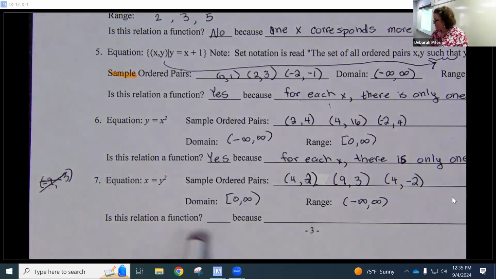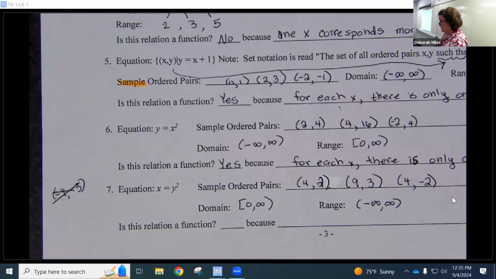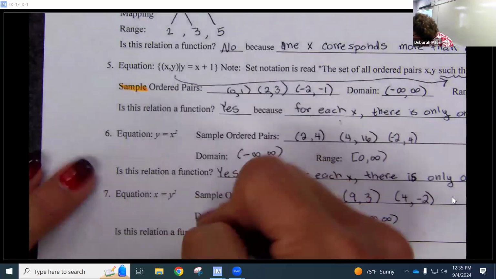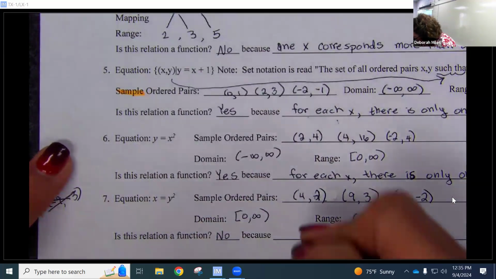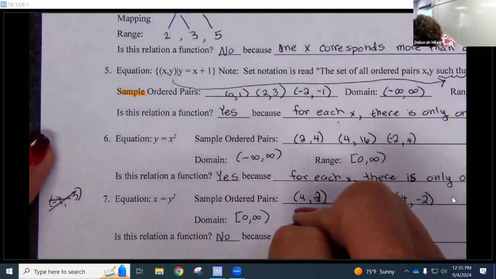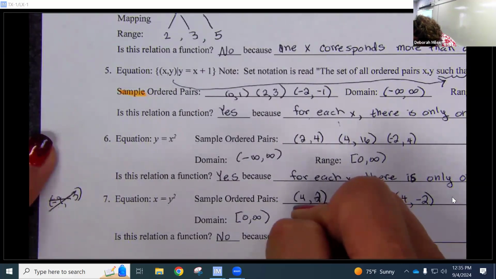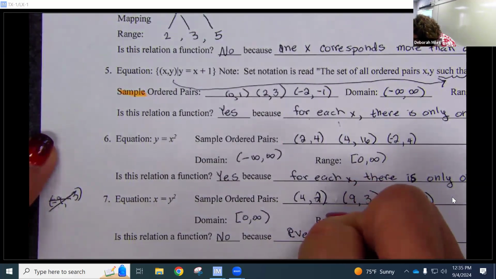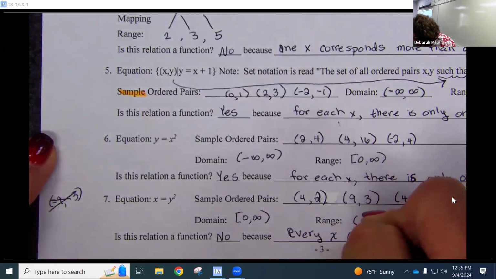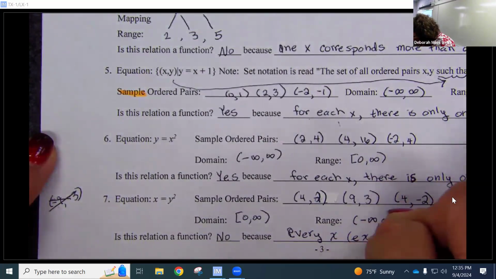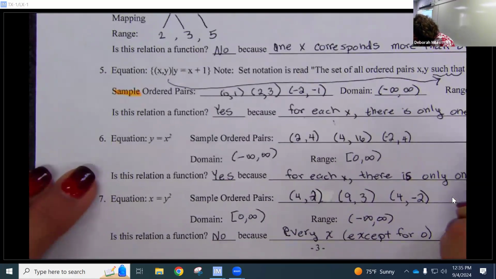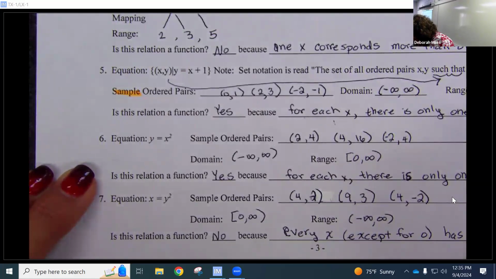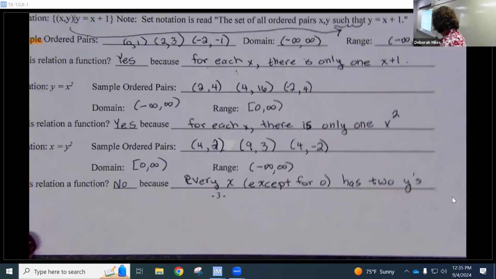Is that relation a function? No? Why not? Let me write it this way. Every x except for 0 has 2 y's.